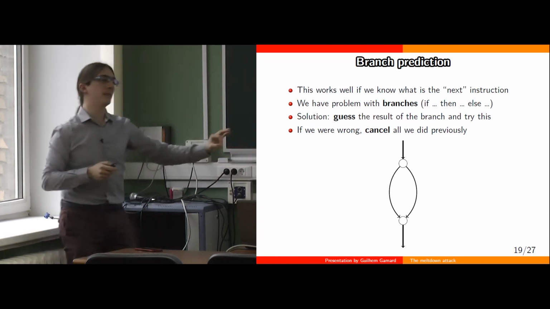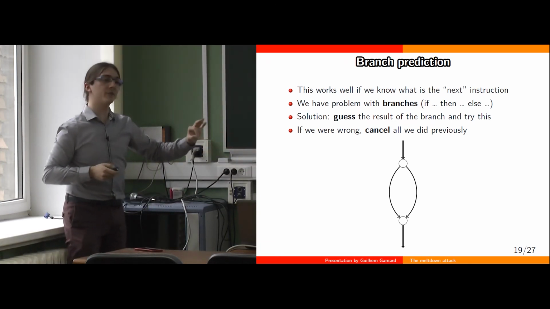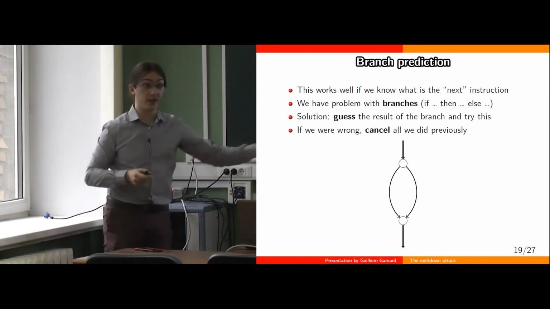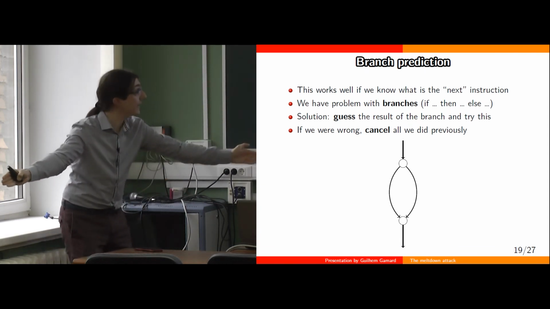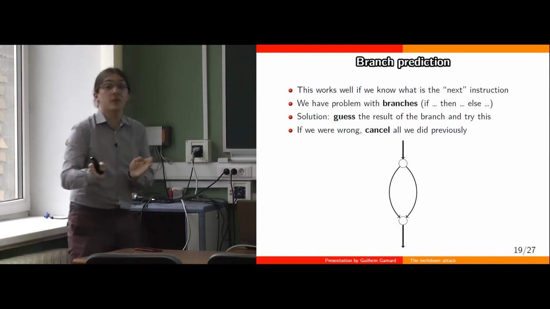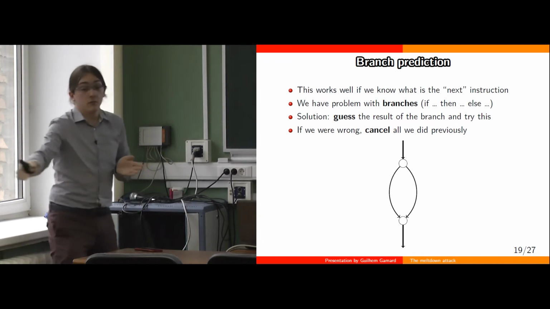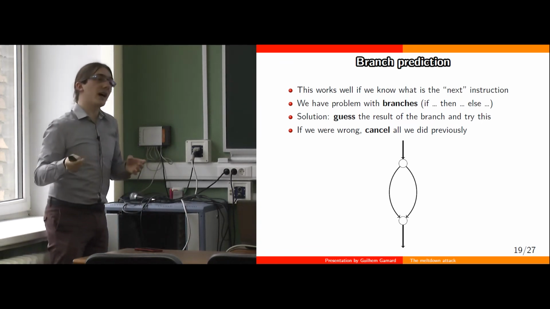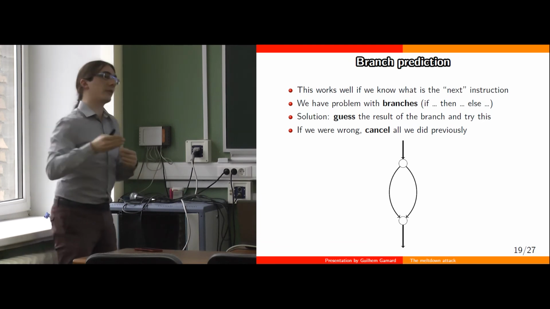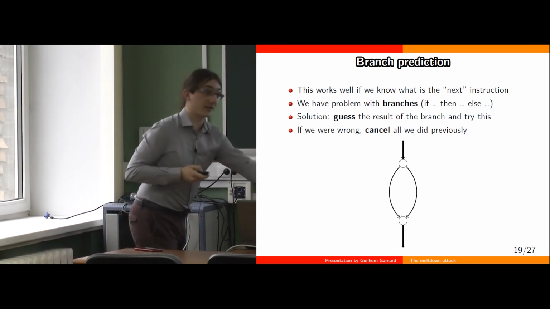So there is a very complicated piece of circuitry today that tries to guess at its best what is going to be the answer, are we going to go left or right, and then starts to execute initially one of these branches. And if we realize that we were wrong, then we cancel everything that we did and we go on the other branch.